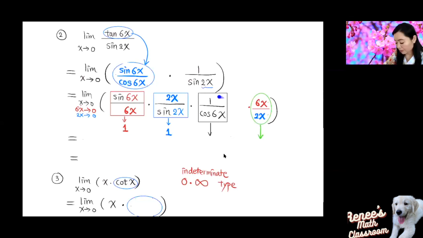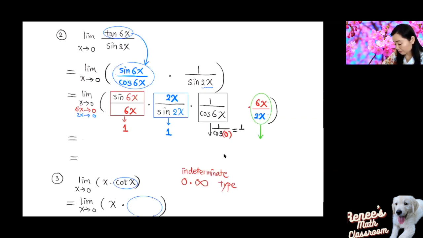Okay. And what about this one over here? Now, this one over here, when x approaches 0, we can go ahead and substitute 0 for x. So it's 1 over cosine of 0. Cosine of 0 is going to be 1.